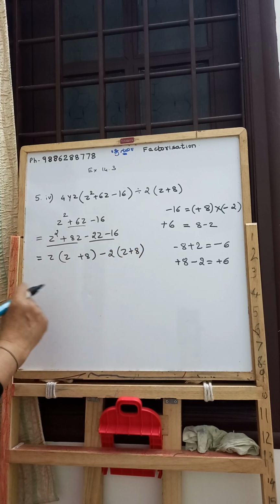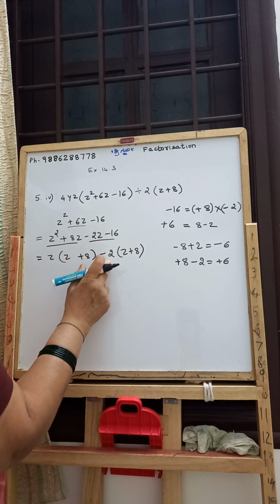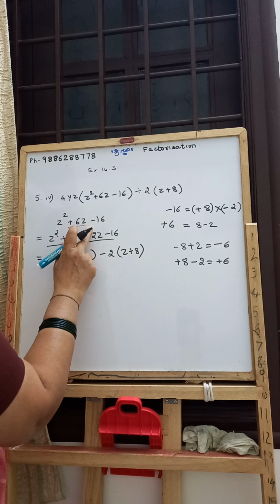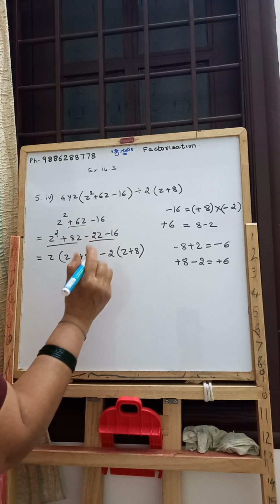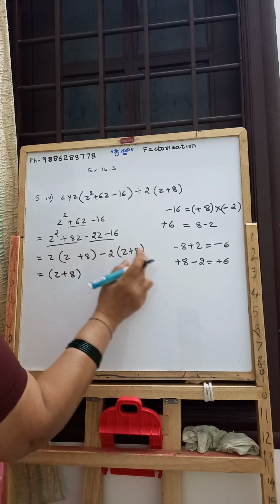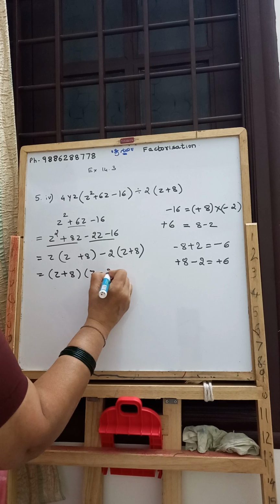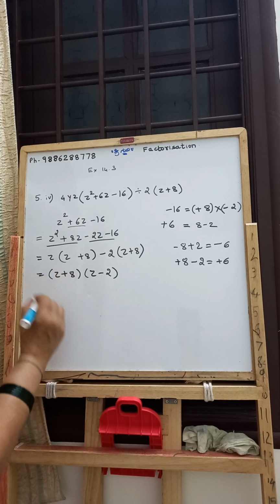Again the same thing as we explained in the last example. Minus 2 should be taken out, so that if you divide this term by minus 2, you are left with z, and minus 16 upon minus 2 is plus 8. In these two terms, z plus 8 is common factor. We are left with z minus 2.